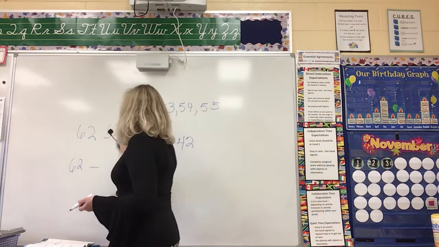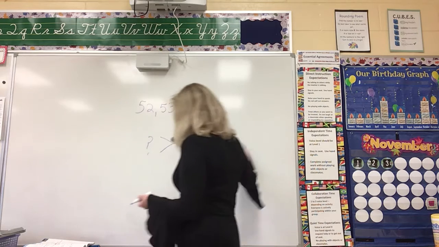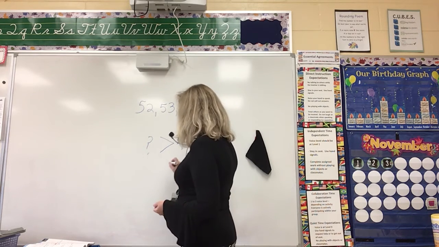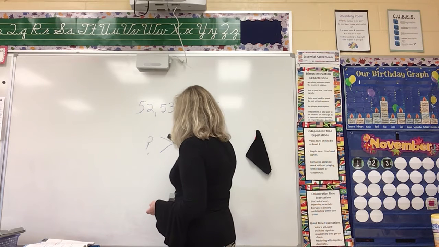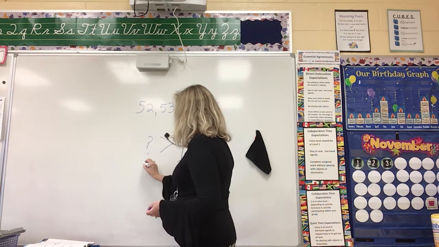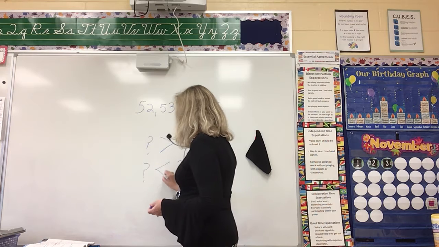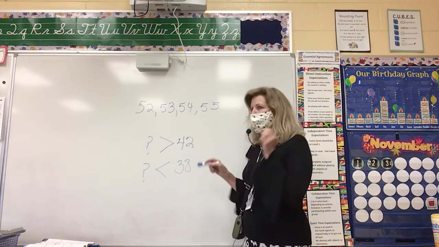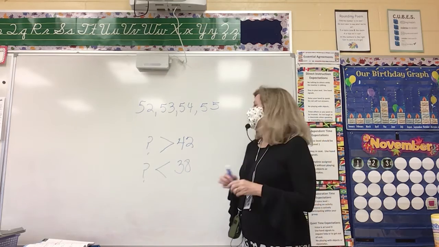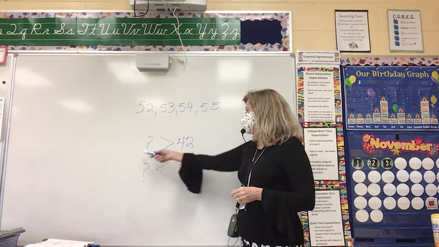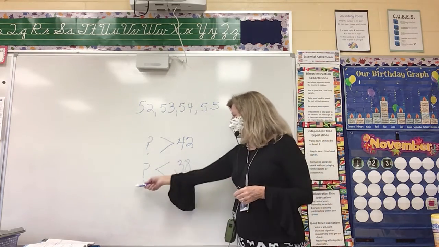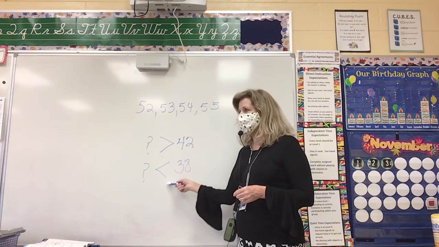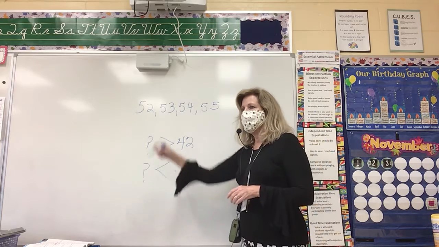And then he says, but fewer than 38. So fewer than 38. Is that possible? So his number is greater, he reads more than 42, but fewer than 38. Fewer would be the same as less than. Is that possible?